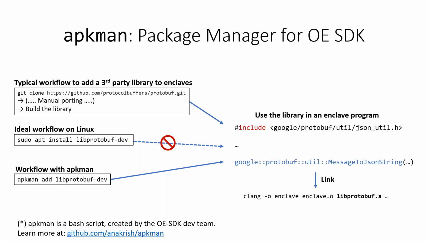But this is not the case for the Enclave, because we emphasize that the Enclave is a rather restricted environment. Everything is what we put inside of it. So APKman is trying to solve this problem, to reduce the gap on supporting more libraries in the Enclave.